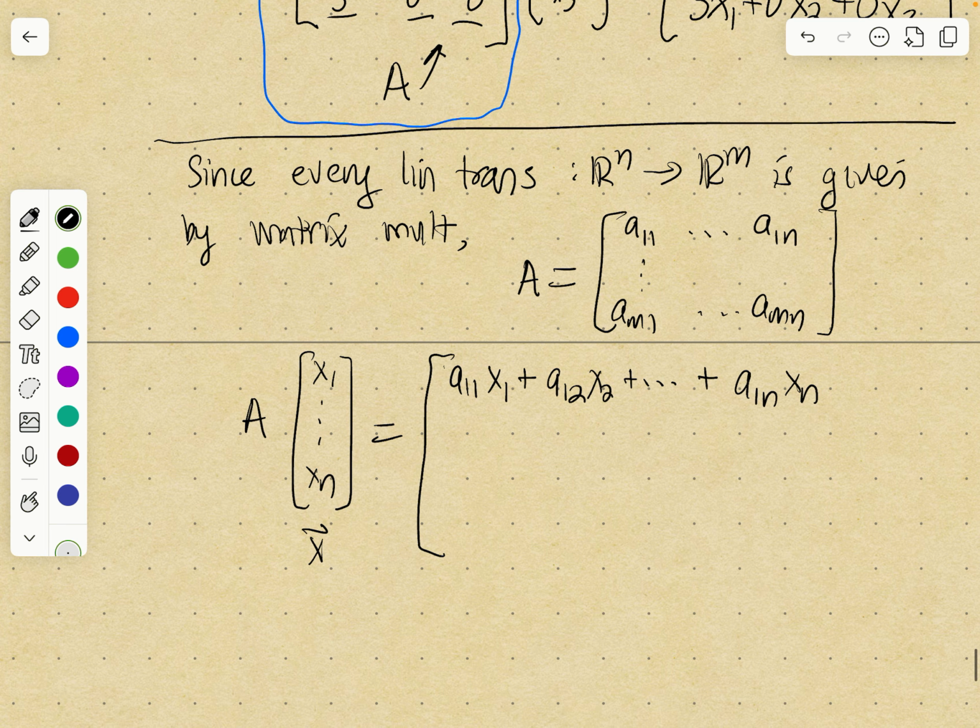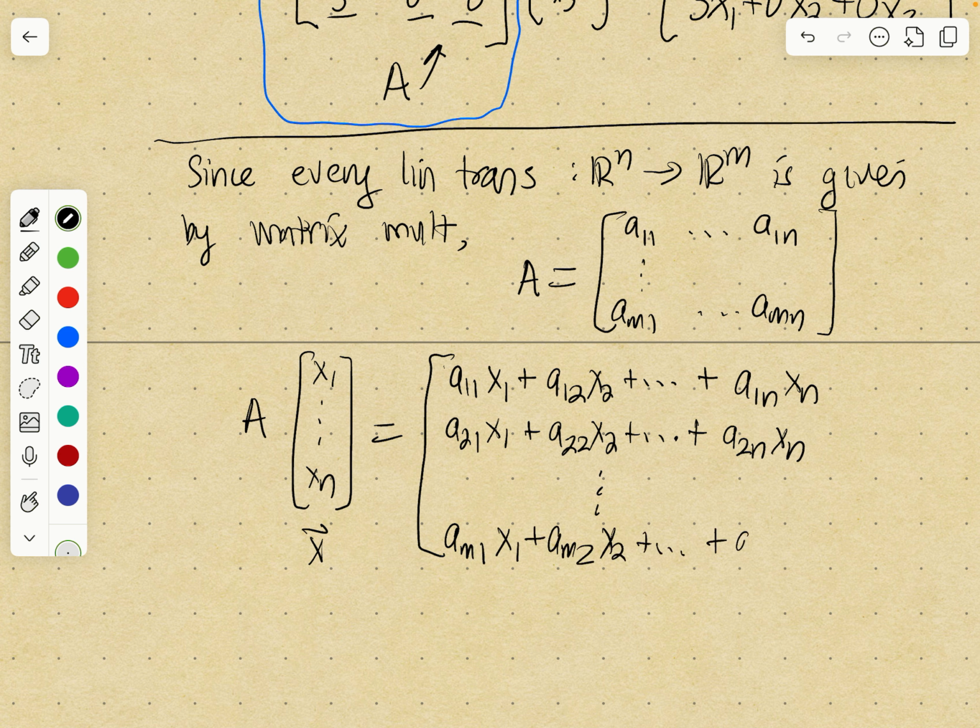So your x1 to xn are scalars, right? They give you this vector x. And then the second component has to be A21 x1 plus A22 x2 plus dot dot dot plus A2n xn. And then you go all the way to Am1 x1 plus Am2 x2 plus dot dot dot plus Amn xn.